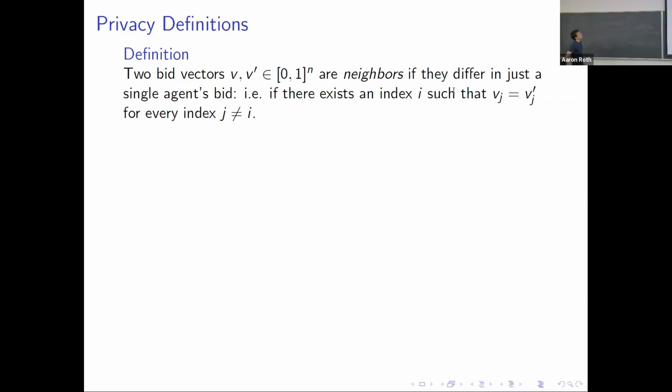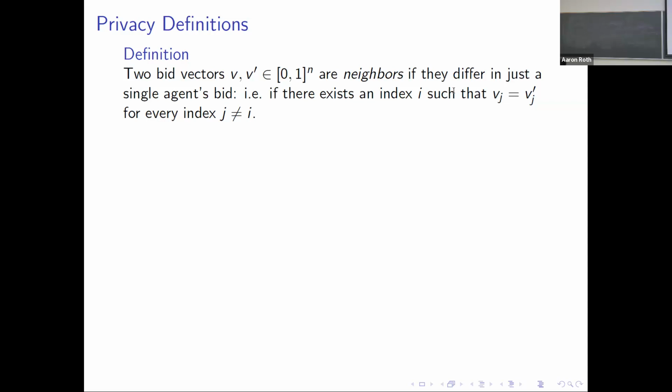Let's say they're neighbors if they differ in a single person's bid, meaning there's some index i such that the vectors v and v prime are identical in every other coordinate j not equal to i.